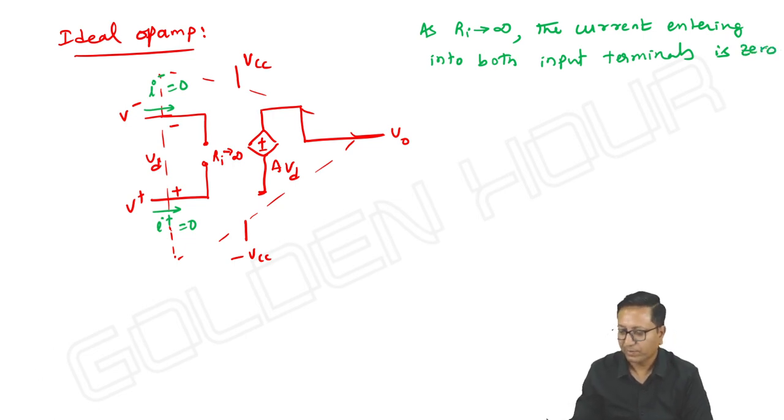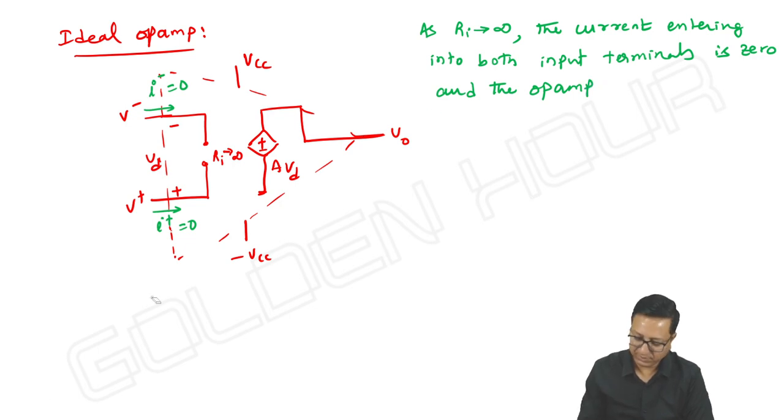I am writing it is 0. So that the op amp never loads the source, and hence it's a much better way of writing.